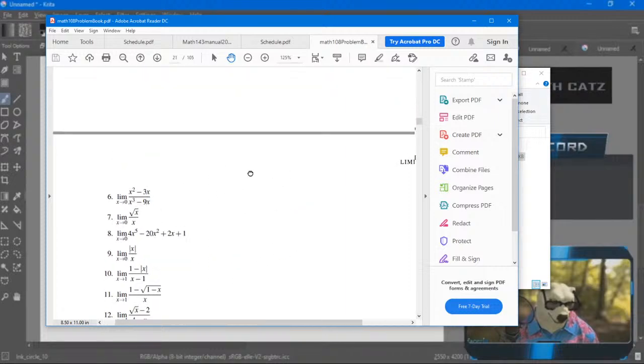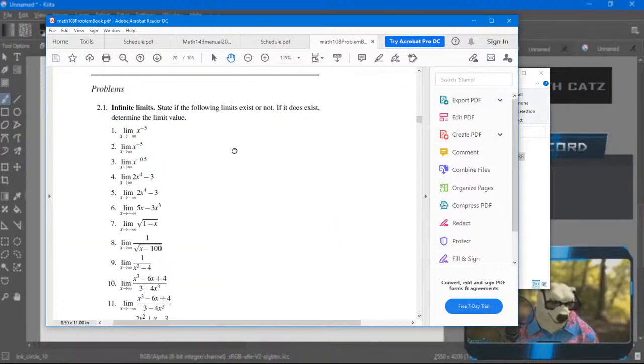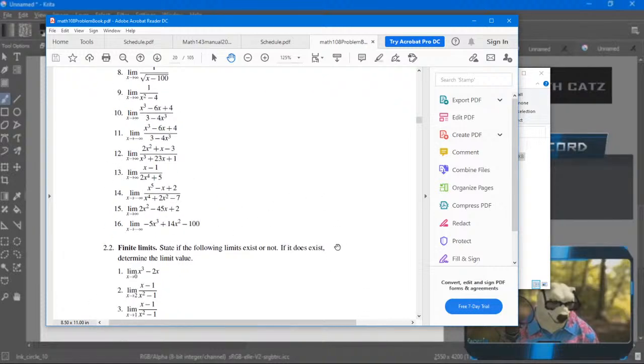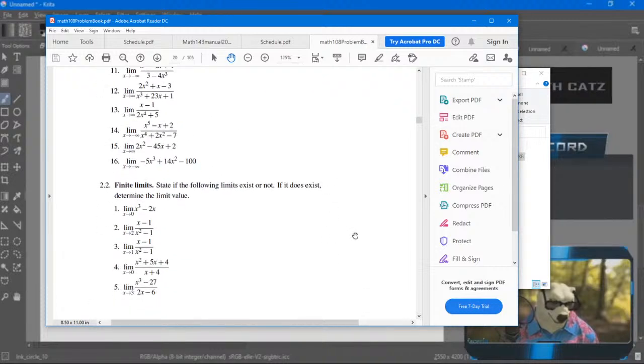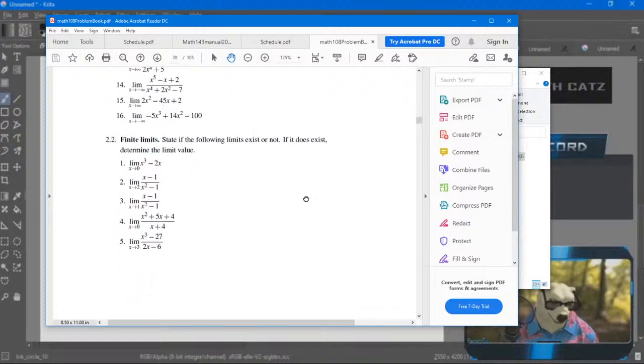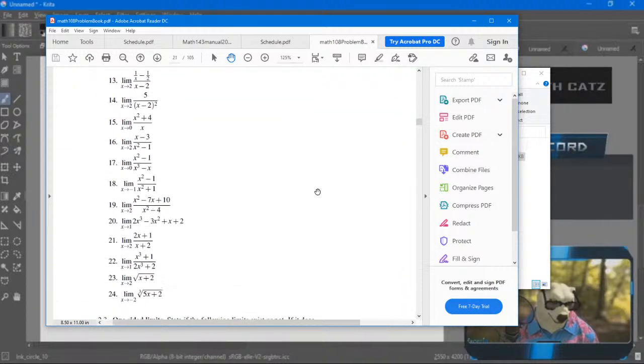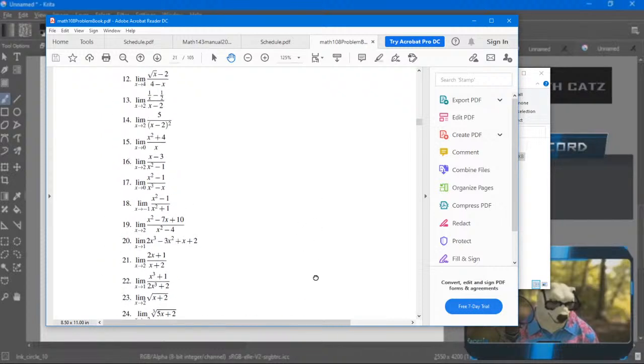So where are we? Infinite limits. We've technically had the opportunity to do 2.1 already, but if you haven't yet, certainly do that. 2.2, all the finite limits should be good to go now. Hopefully there's enough variety there.